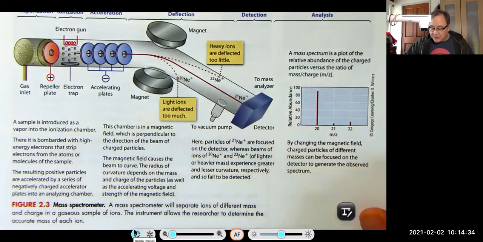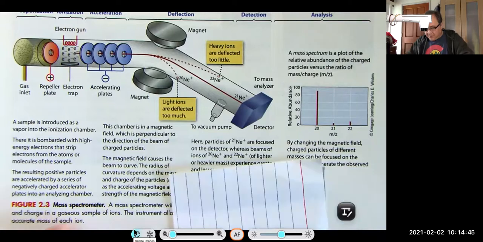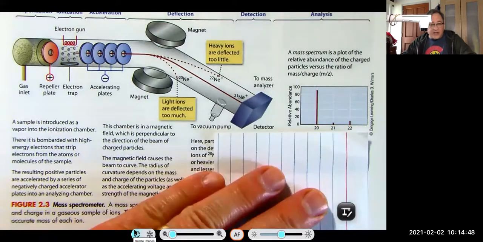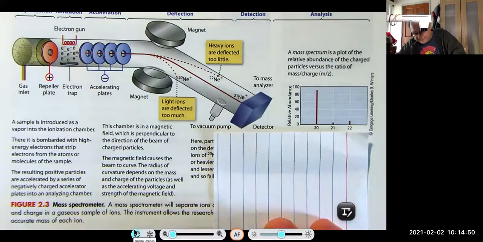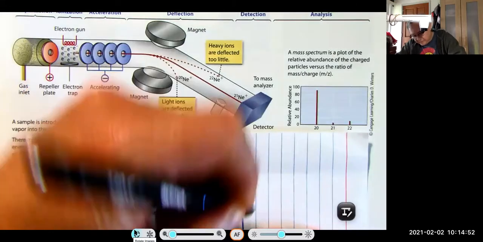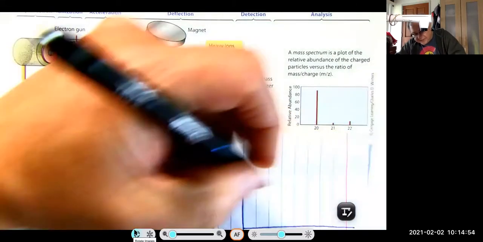Now, this isn't the actual output of the mass spectrometer. Let me show you what the actual output would look like. So here I have my paper, and I'm going to draw what the actual output would look like. So this axis is going to be intensity.